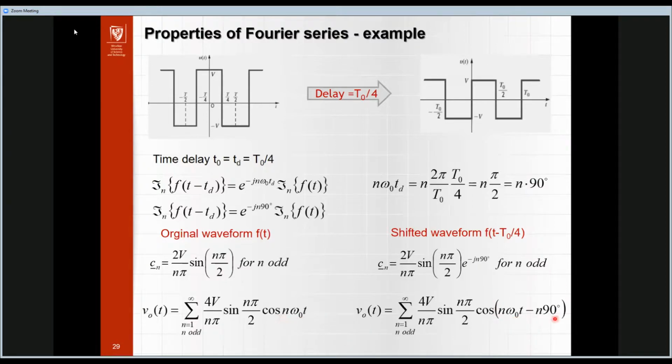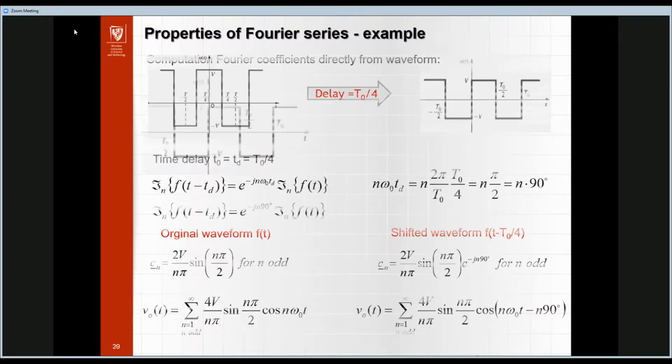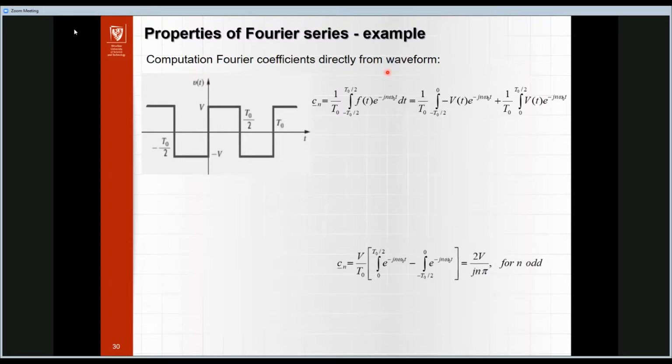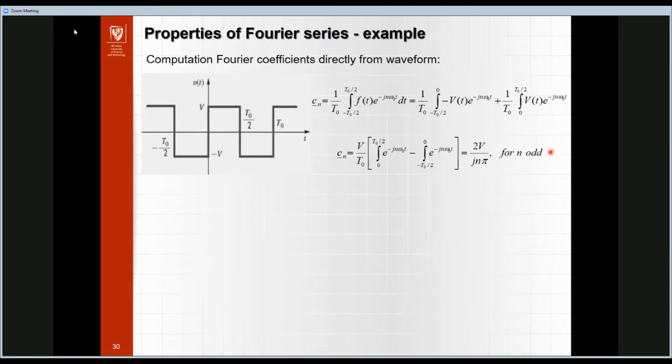So there are the differences. Now we can try to calculate the coefficients directly from the waveform using the definitions, similar to how we did previously, and we obtain such coefficients.